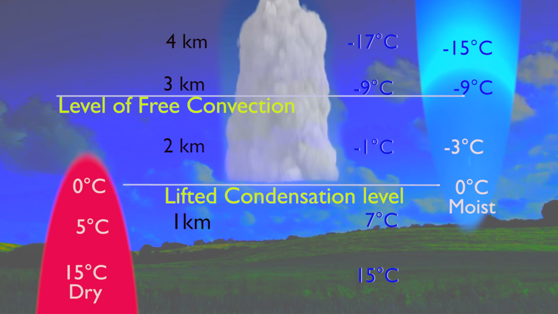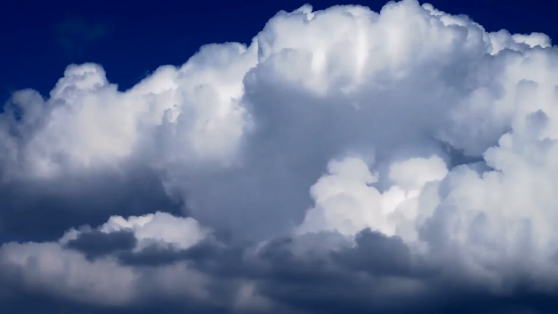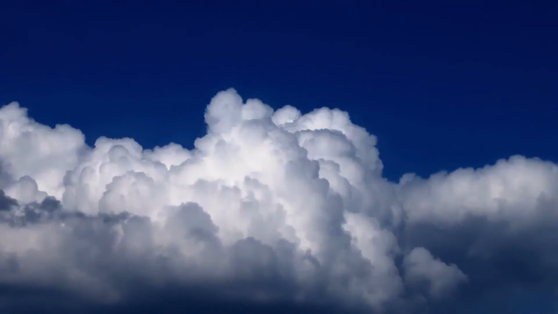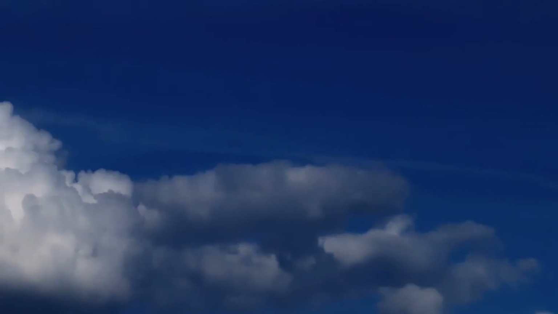The atmosphere is conditionally unstable in this case. A rising parcel must first of all become saturated, then must be lifted to and just above the level of free convection. The value of the environmental lapse rate is one of the main factors that determines whether the atmosphere will be stable or unstable.